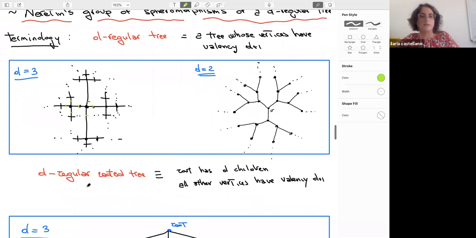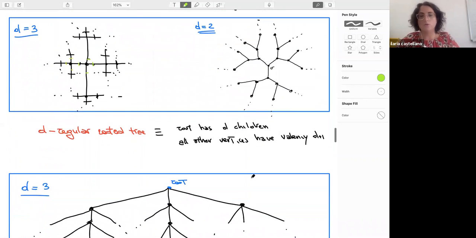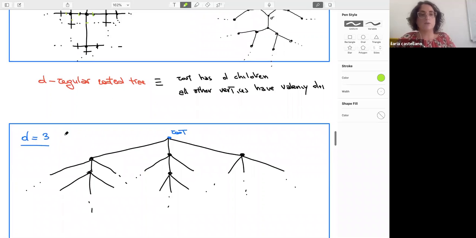What happens when the d-regular tree is rooted? When the d-regular tree is rooted, we want the root to have d children, and all other vertices still have to have valency d+1. So what I mean is the following: if d is equal to 3, then you can look at the tree from the top to the bottom. So the root has 3 children, and then any other vertex has the same number of children, so you always have 3 children.